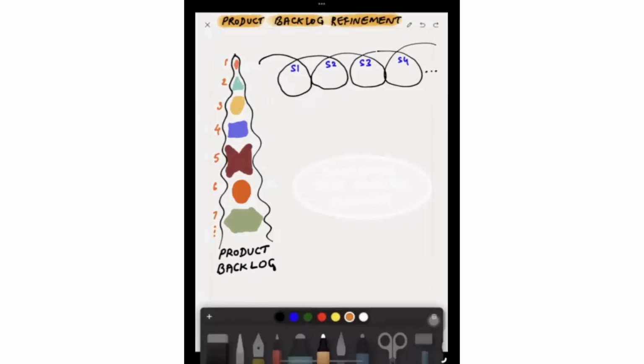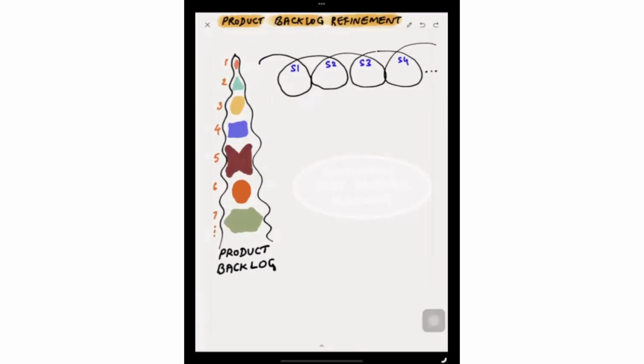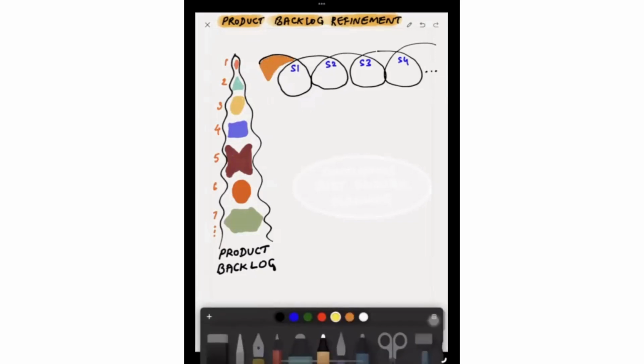So before starting the first sprint, the developers, product owner, and Scrum Master should have an idea on the first top few items. So they do an initial product backlog refinement. Maybe they spend a couple of days to discuss the topmost items. Let's say they are discussing the top 3 items. They discuss the acceptance criteria.